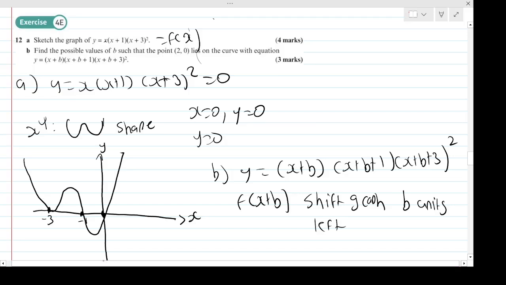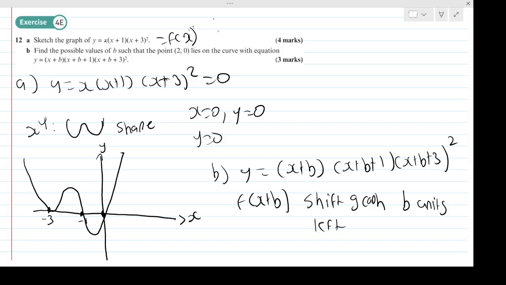Now, with that in mind, this graph I've already done is going to be very helpful, because then I can visualize moving the graph left or right. I'm also given that this point (2, 0) has to lie on this new translated curve. Well, let's put this point in the original curve.